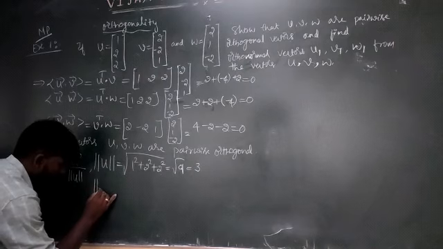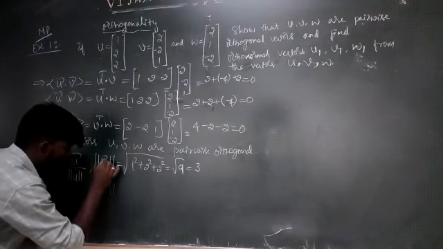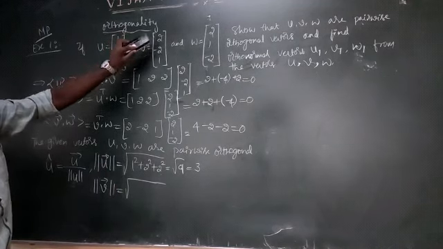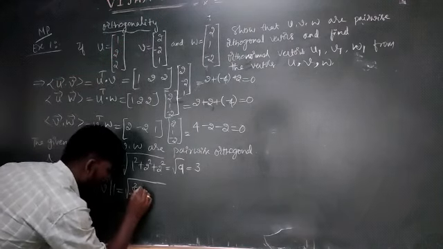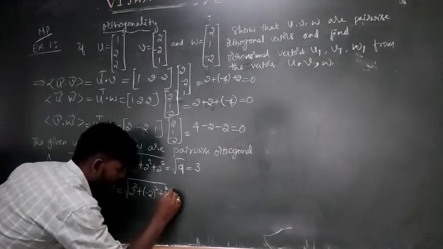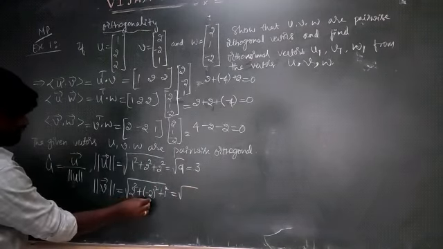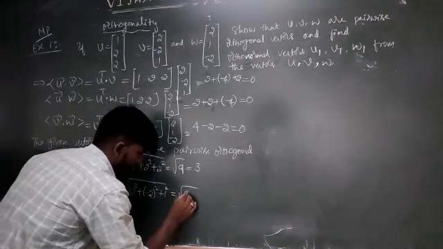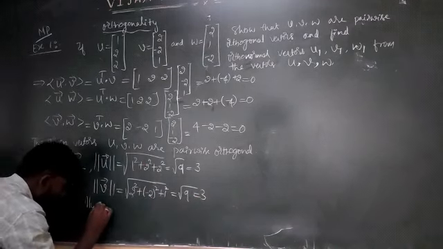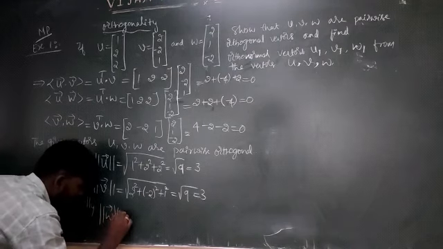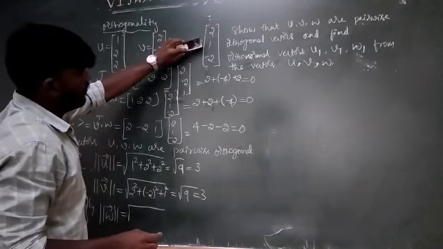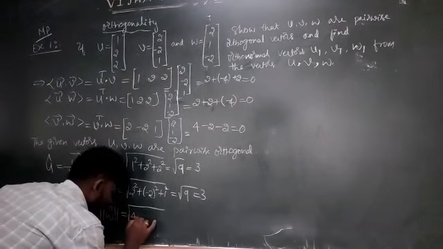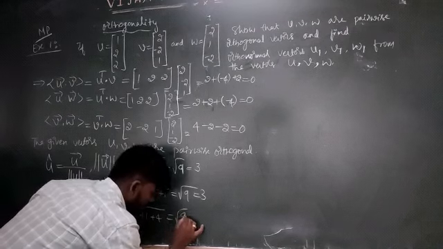Next, find the norm of vector v. It is the root of the sum of squares of each element: 2 square plus -2 square plus 1 square, which is 4 plus 4 plus 1, gives 9, root of which is 3. Similarly, the norm of w is also the same: 2 square plus 1 square plus -2 square, which is 4 plus 1 plus 4, gives root 9, which equals 3.